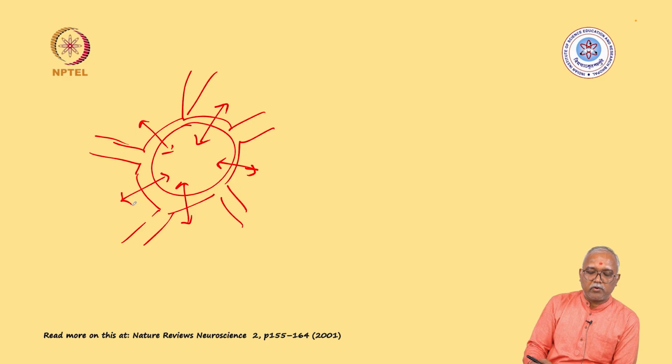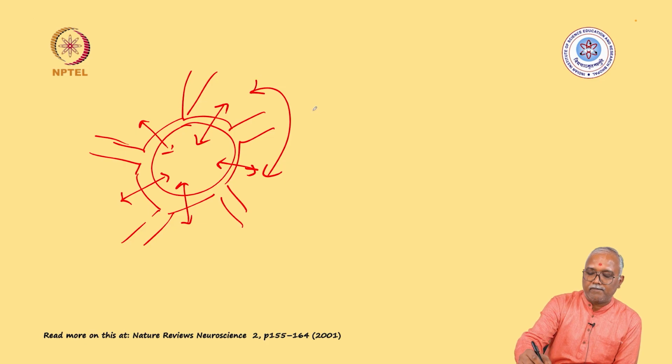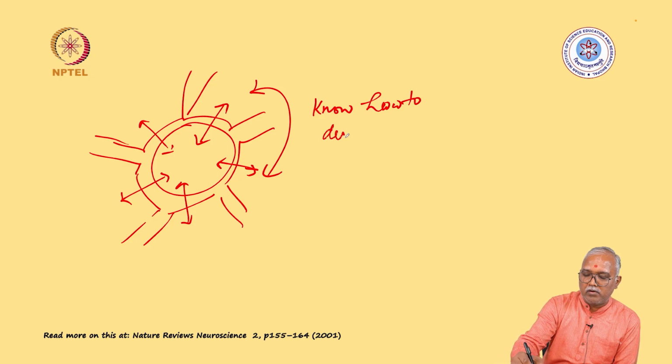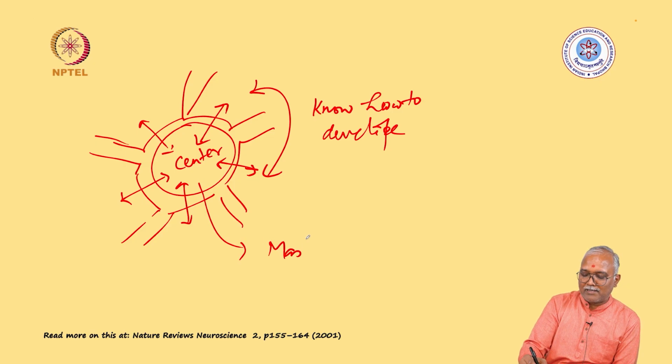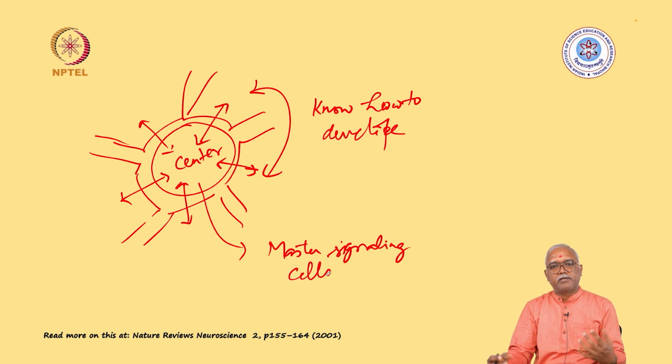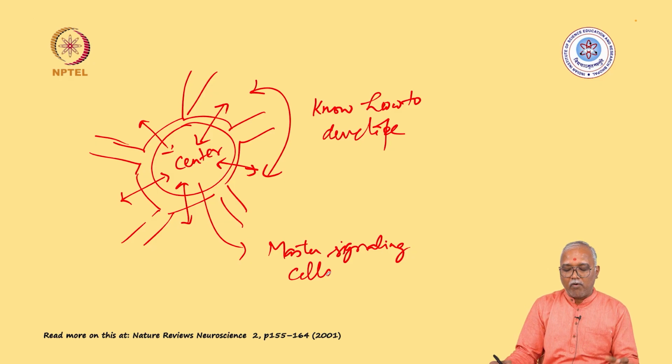You need signaling in both directions so that the cells which are in the periphery know how to develop and what to become, and the cell in center, this probably is a master signaling cell, telling all neighboring cells not to become what this master signaling cell wants to become.